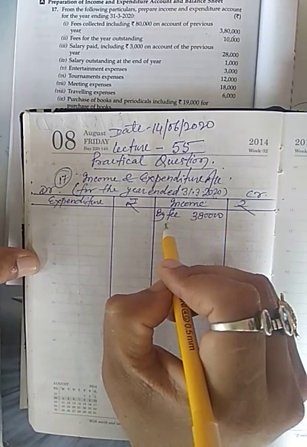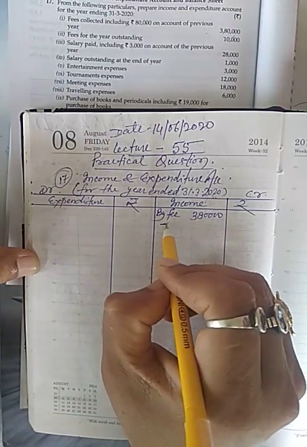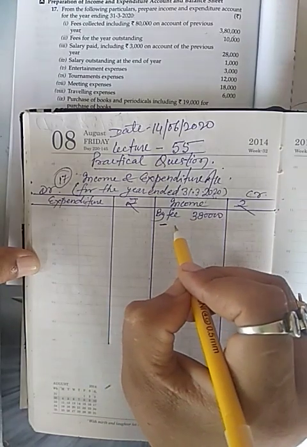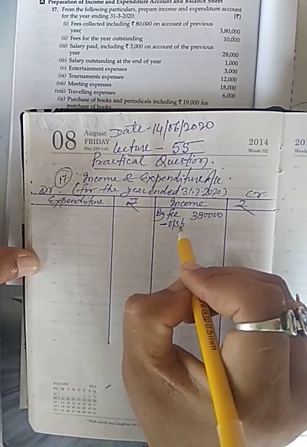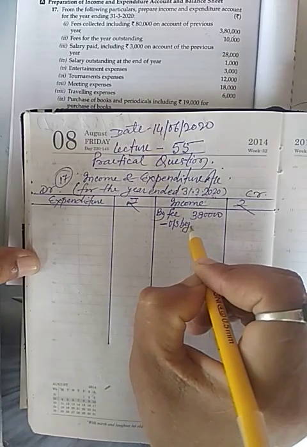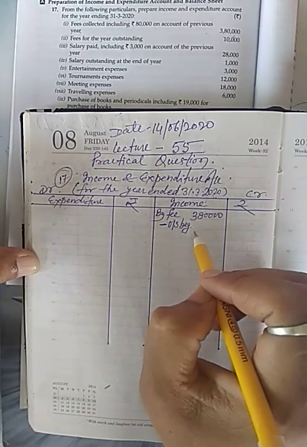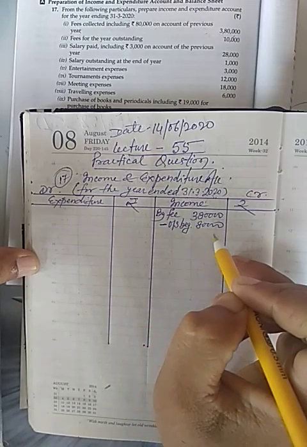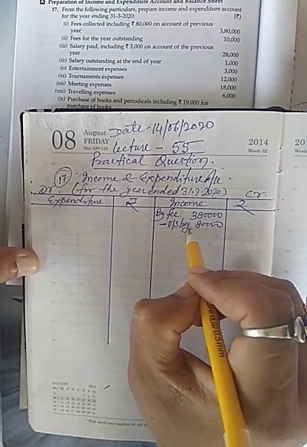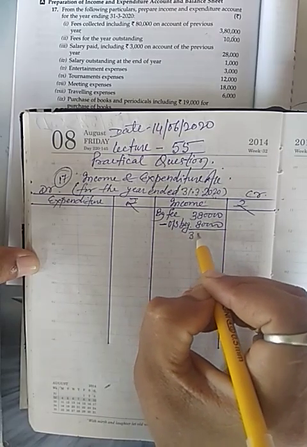So I will deduct outstanding fee at the beginning of the year. So the beginning of the year 80,000 will be deducted, then 3 lakh will remain.